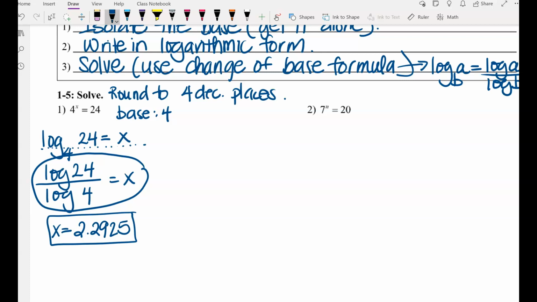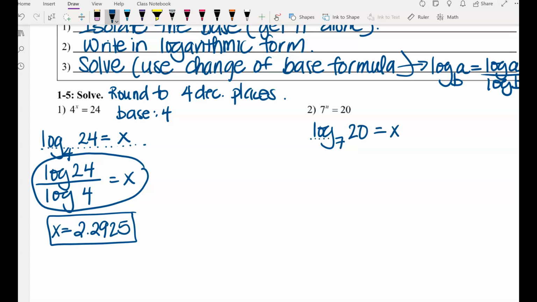Let's do similarly example number 2. So first, as you can see, is 7 raised to the x equals 20. The base is already by itself. Can you do me a favor and write it in log form? Okay, hopefully you have log base 7 of 20 equals x.